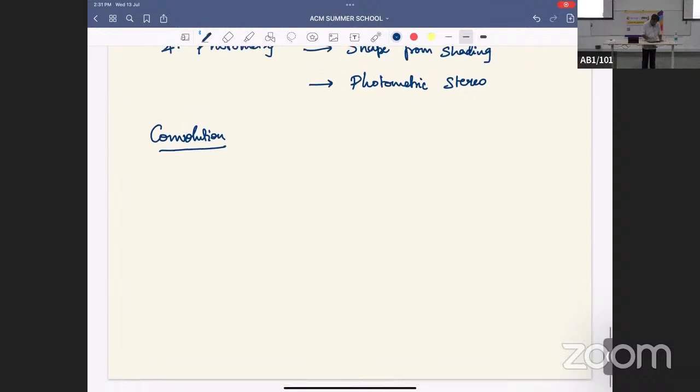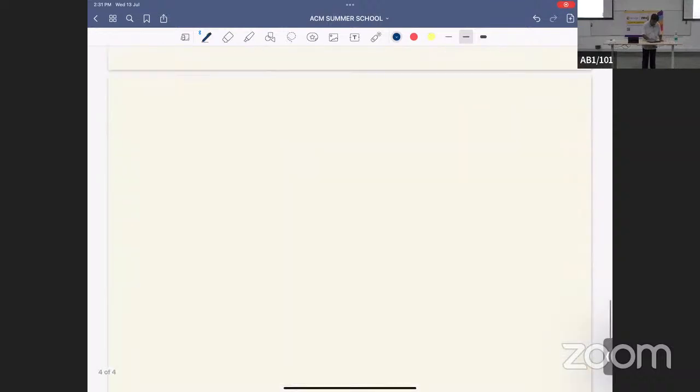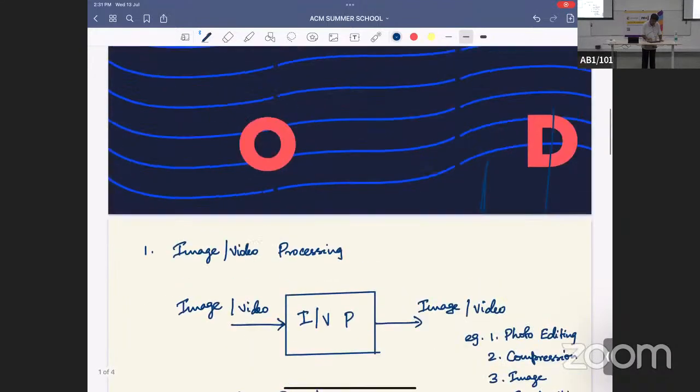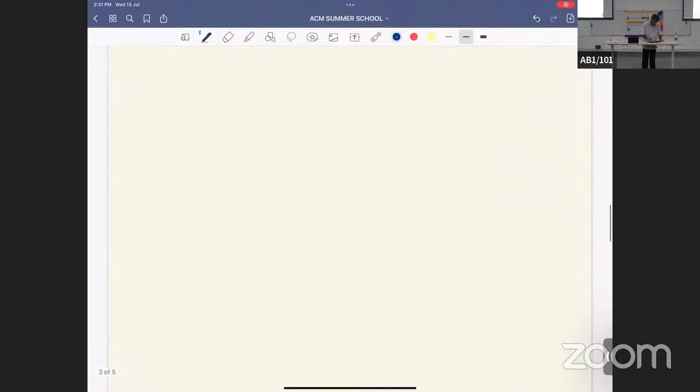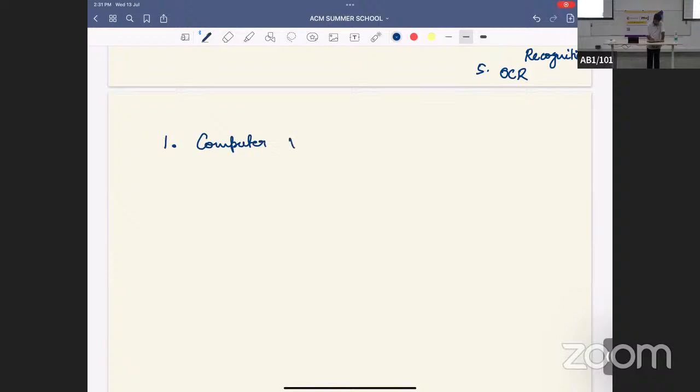Before that, I want to suggest some reading material. If you want to understand the topics which we are discussing, the first book would be Computer Vision. This is a free book which is available on the internet.